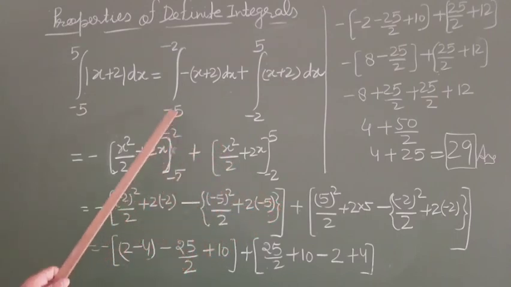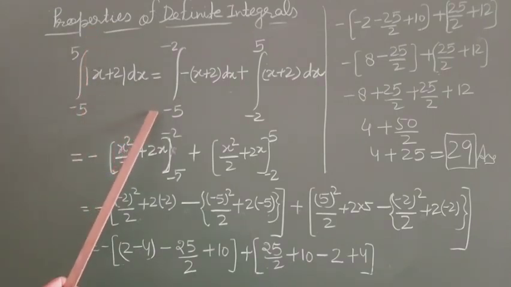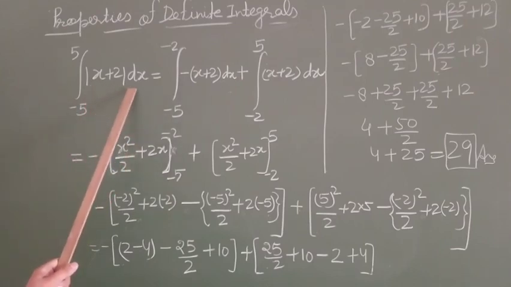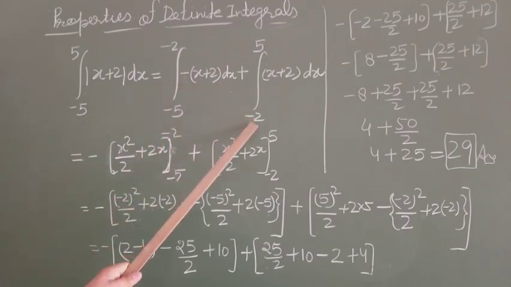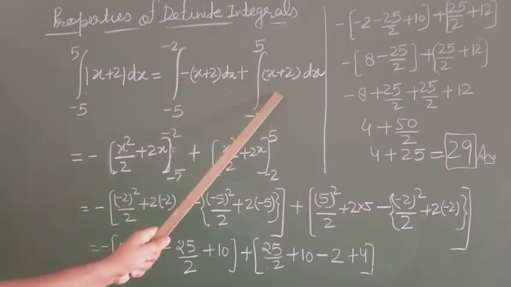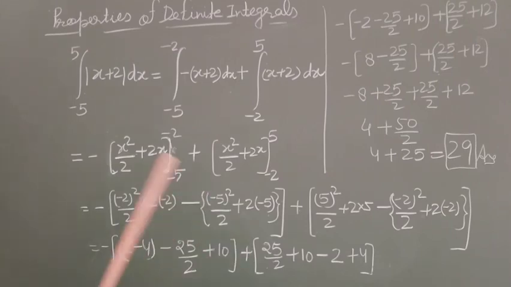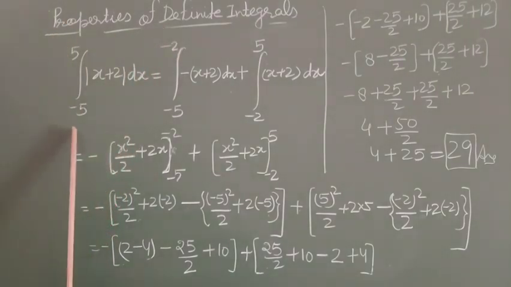Correct? We have divided the limit into parts because at minus 2 the sign of the function changes. From minus 5 to minus 2 it is negative, and from minus 2 to 5 it is positive. Correct? So when this kind of question comes, we have to solve by this property. You must remember this c value must lie between a and b. Okay, students?